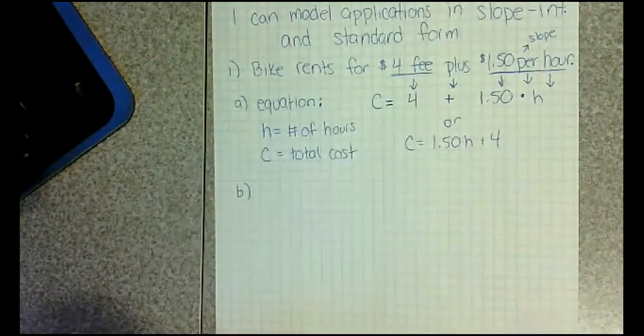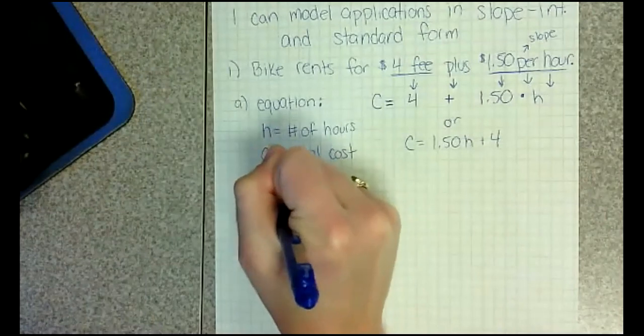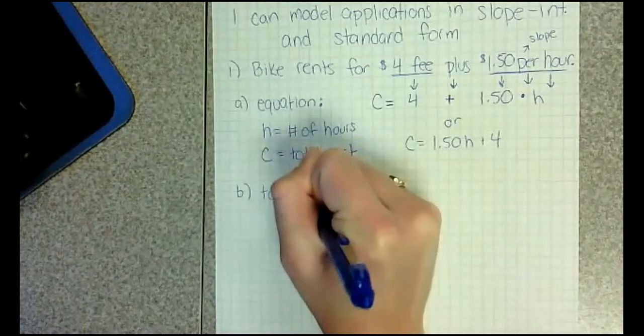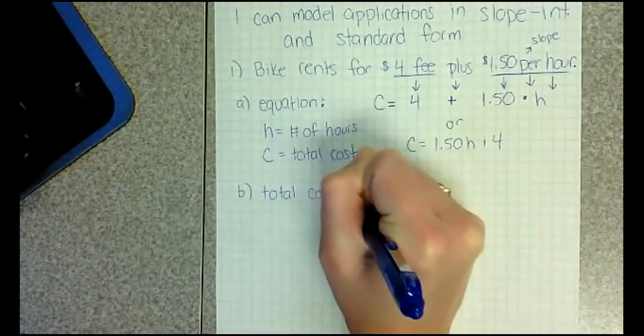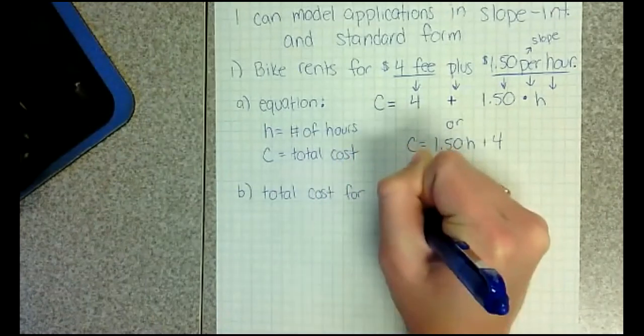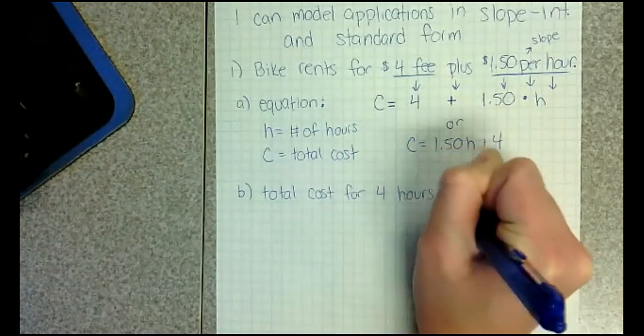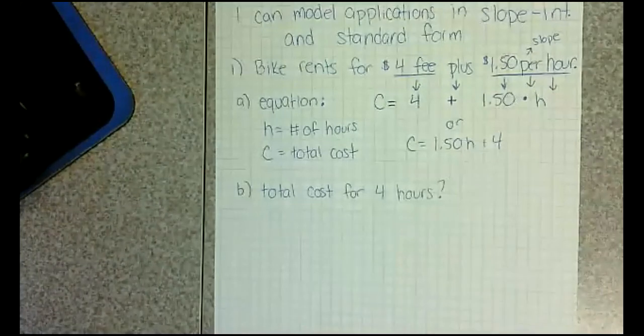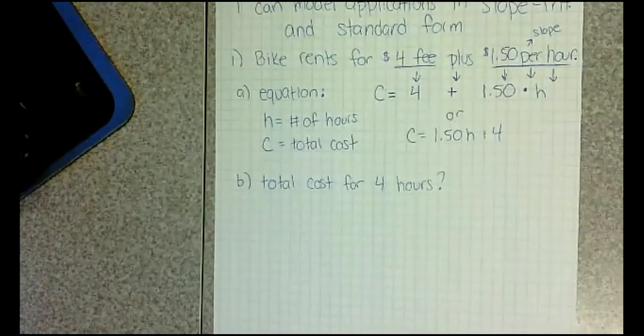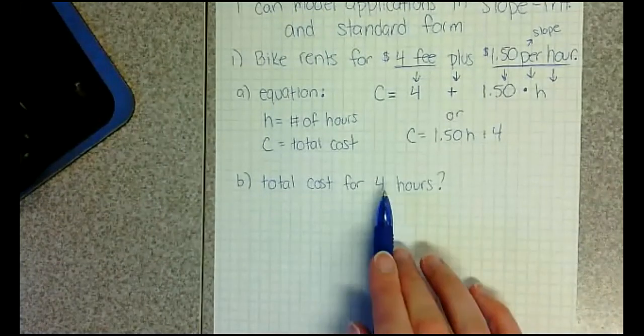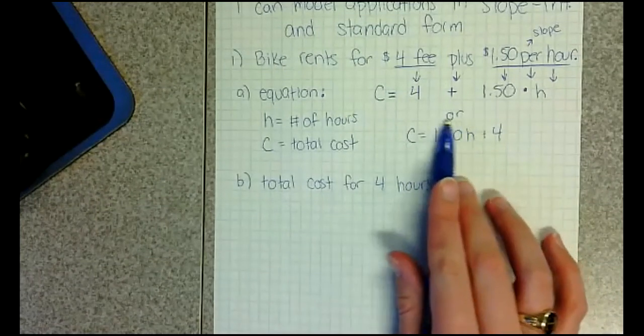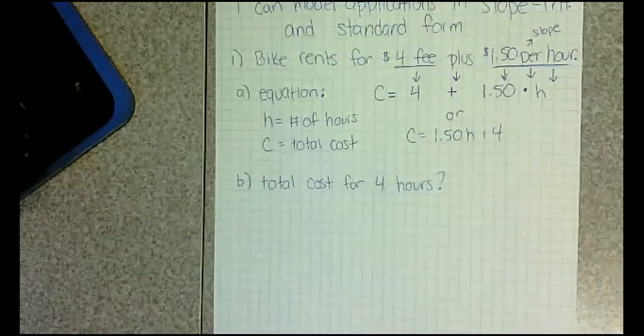Okay, we're going to use that equation then. So the next question, find me the total cost for 4 hours. And I actually want to see what you guys try first. So where can that 4 hours go into this equation? Get an answer for me.